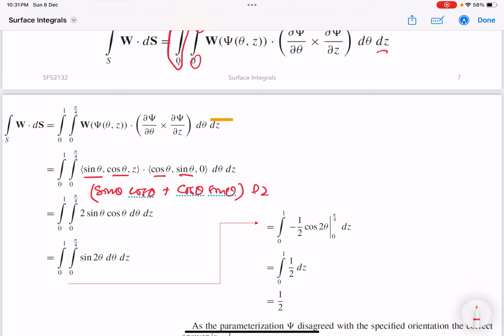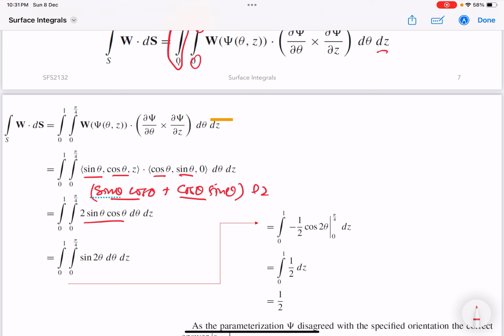So this part actually becomes 2 sine theta cos theta. Is this the identity, right? Sorry, this is not an identity. The identity is the squared one. It's just adding 2 same terms.